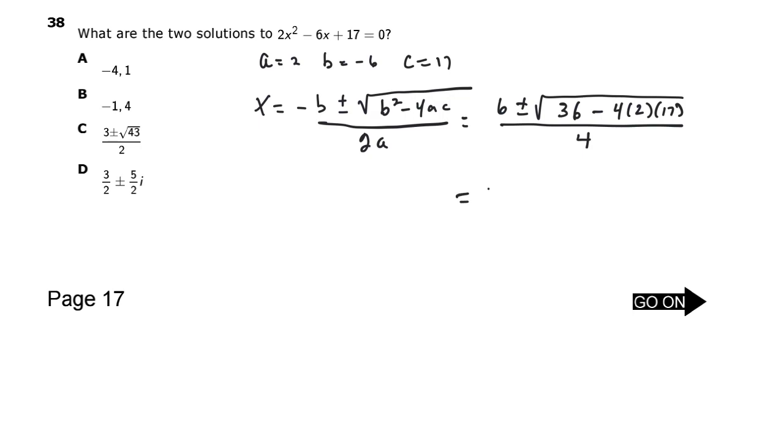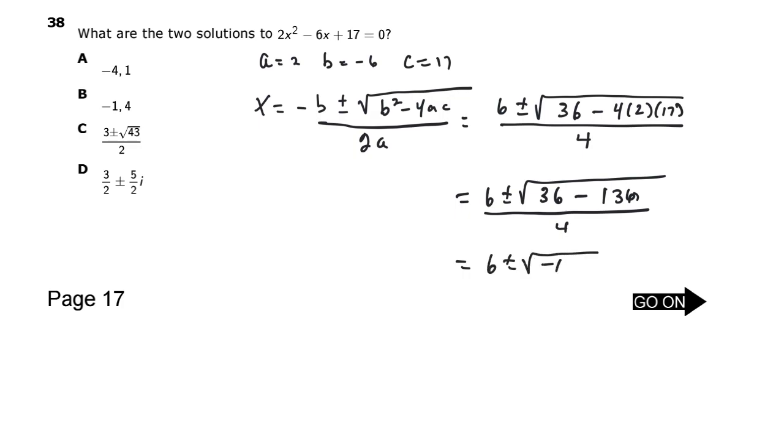So we have 6 plus or minus square root 36 minus 4 times 2, which is 8. 8 times 17 is 136, divided by 4. And by looking at the discriminant, it's going to be negative. So you have 6 plus or minus square root of negative 100 divided by 4. We know that 6 over 4 reduces to 3 over 2.